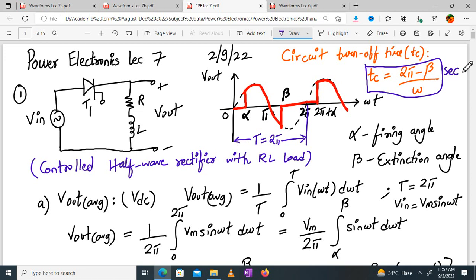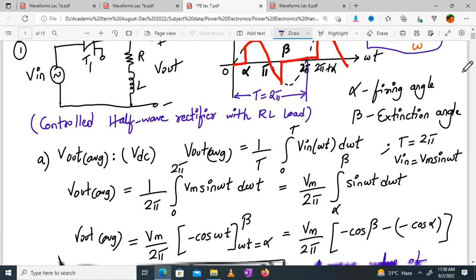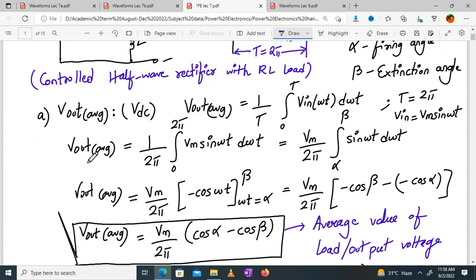There is one more definition. Alpha is the firing angle, beta is the extension angle. There is one more, beta minus alpha. Just write it down somewhere. Beta minus alpha is called gamma, and this is called the conduction angle.